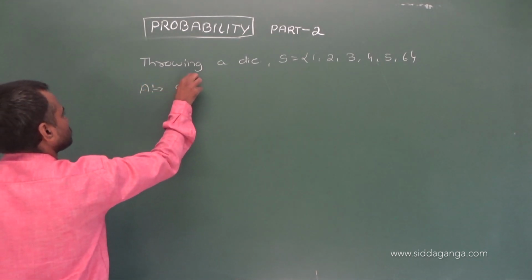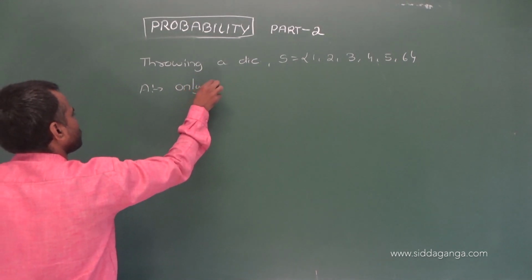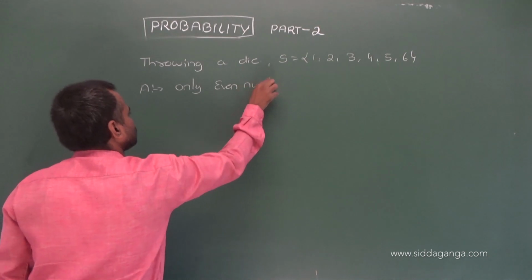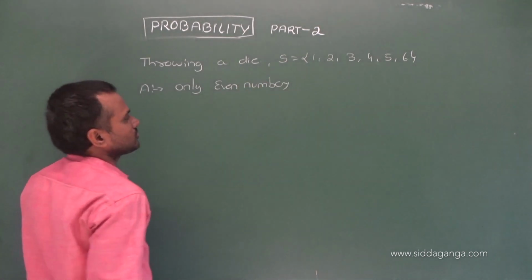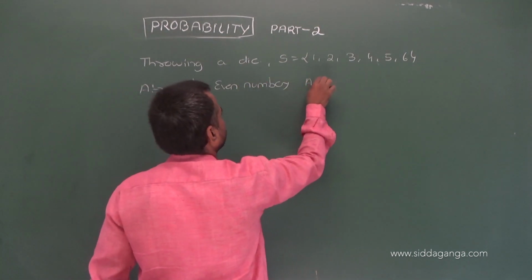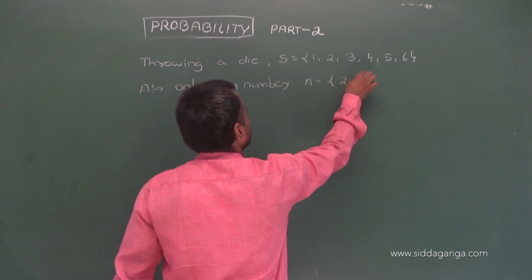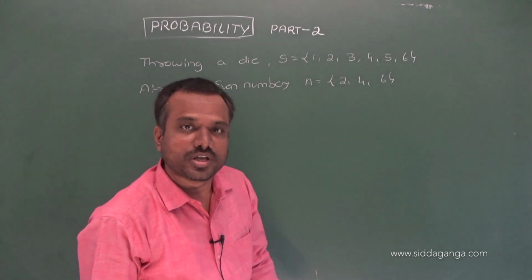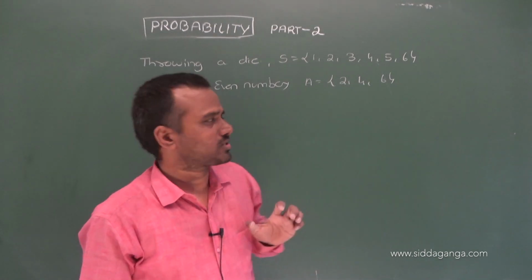Event A is the even number. So we write A is 2, 4, 6, only the even numbers.